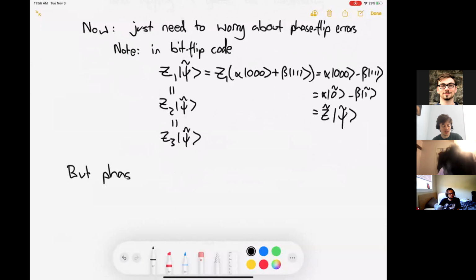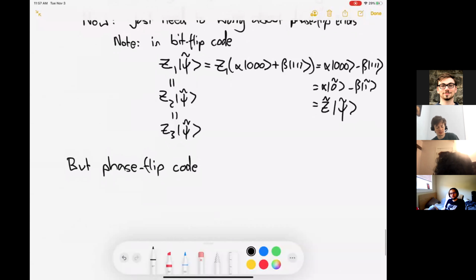But these logical qubits, psi tilde, are the physical qubits of the phase flip code, right?